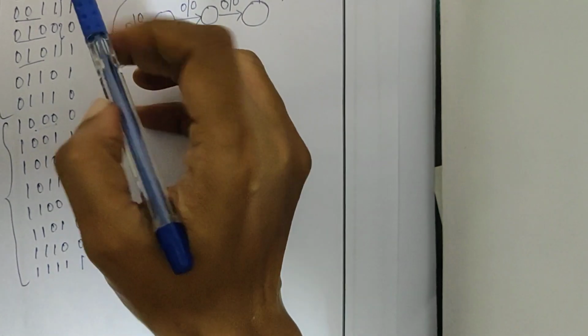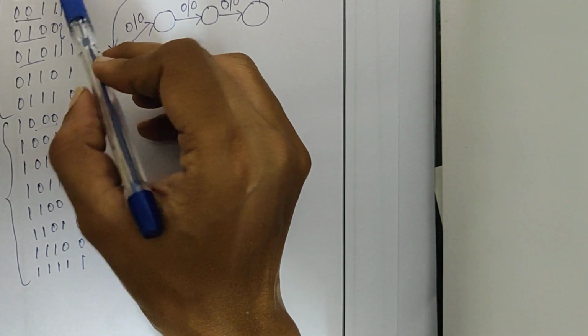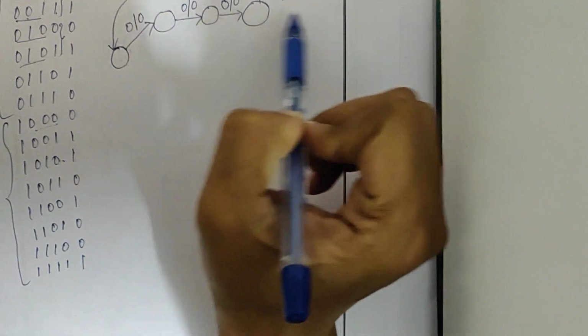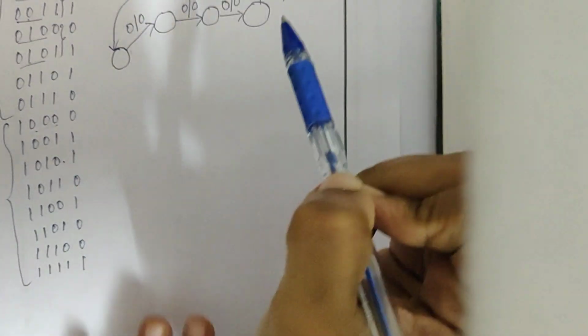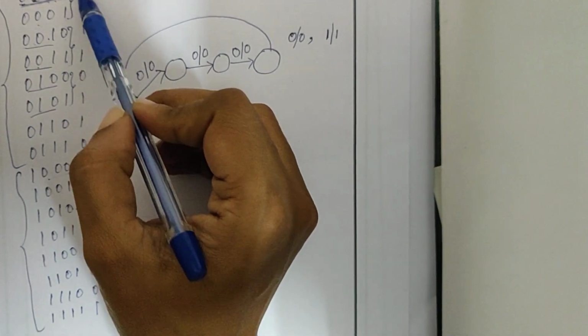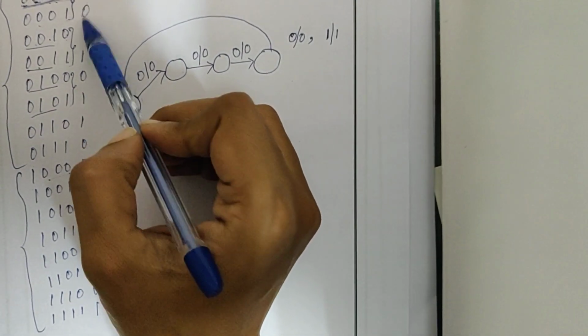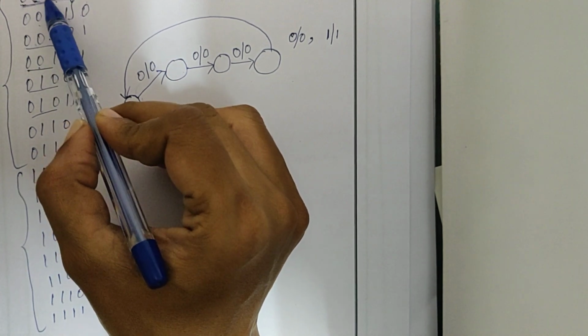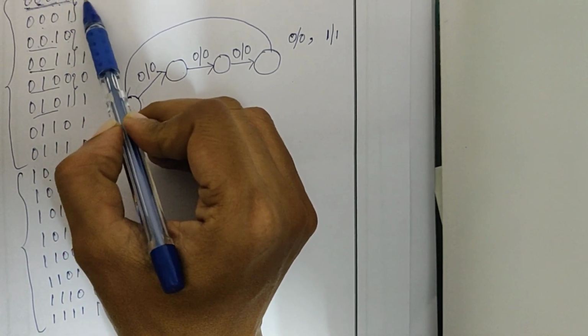Right? And now, this is only for my input. Now how can I add this parity bit? You check here, for the first combination 0 0 0 0, the parity bit is 1.